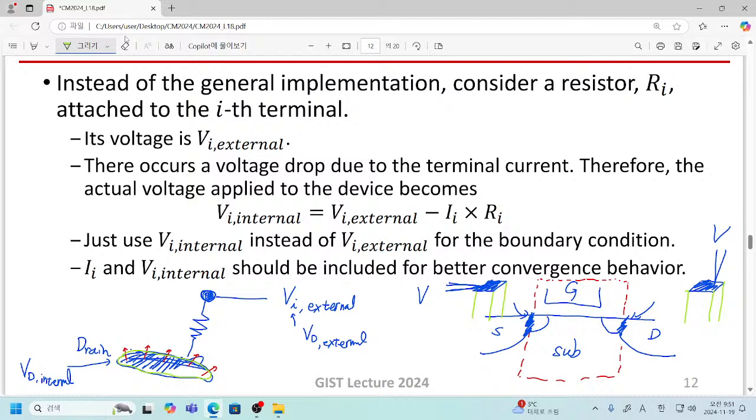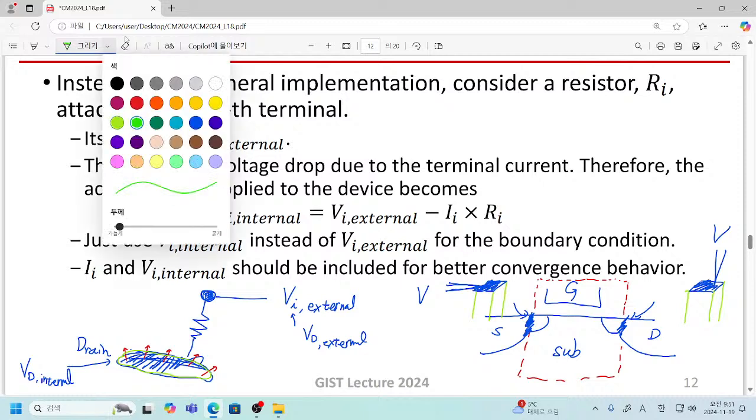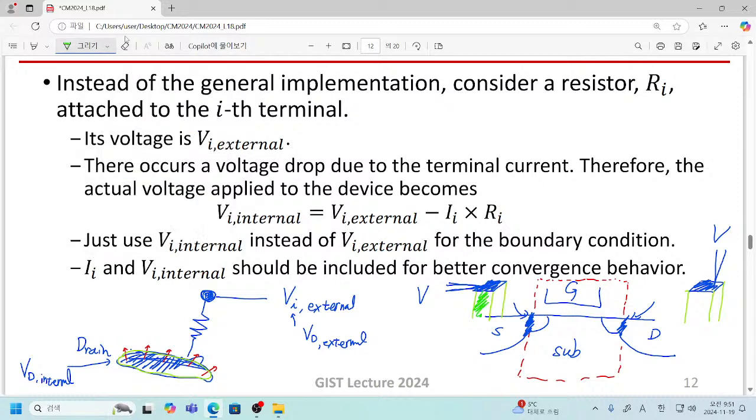And since they are all made of good metals, actually we have a relatively small resistance. Also we have a small resistance. Good. And also here we have a silicon part, and they are highly doped, and this part is highly doped.